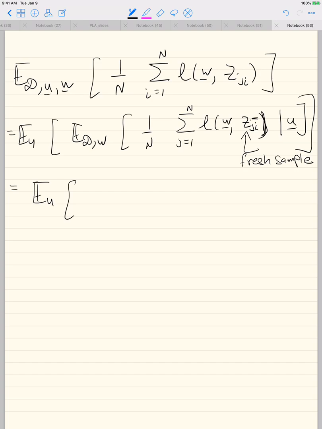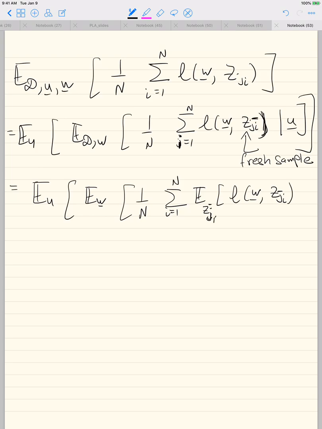So all of this can be written as E over W and Z, where Z is independent, times 1 over n, this should be an i, not a j, i going from 1 to n, expected value of L of W, z_ji bar, and we are taking the expectation with respect to z_ji bar.